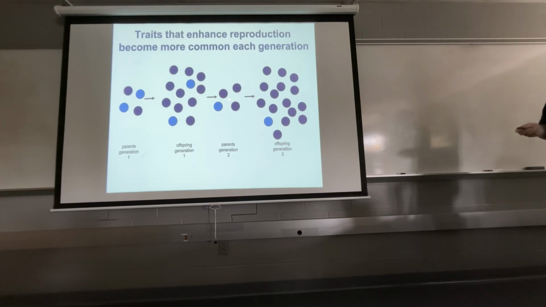That's passed on to the next parent generation, which then breeds. And obviously, if this trend continues, eventually the light blue might disappear completely, right? And then pop up every once in a while. And so there's something selecting for the dark blue over the light blue, right? Some kind of reproductive success, whatever that is.